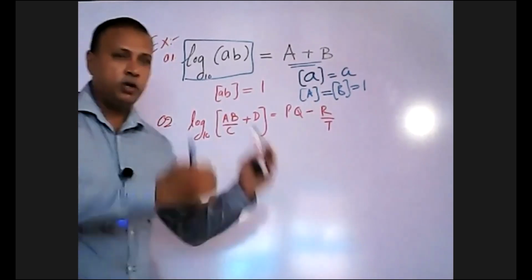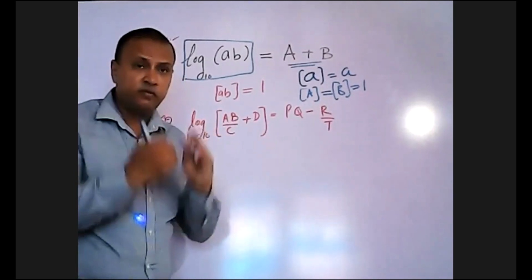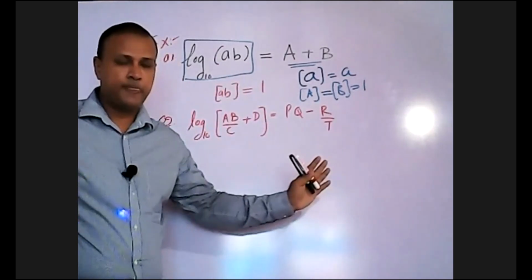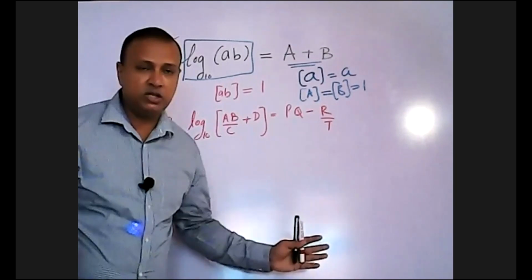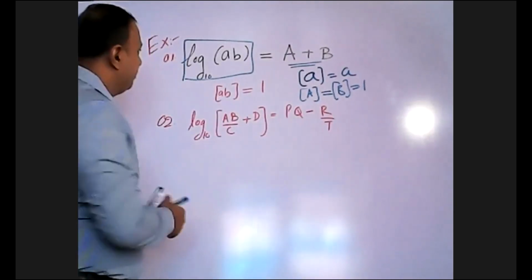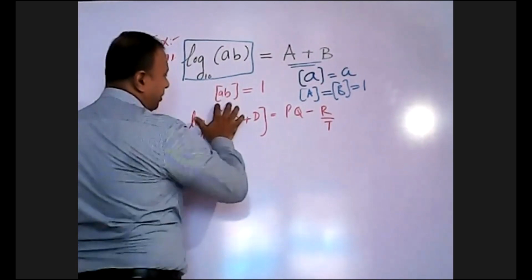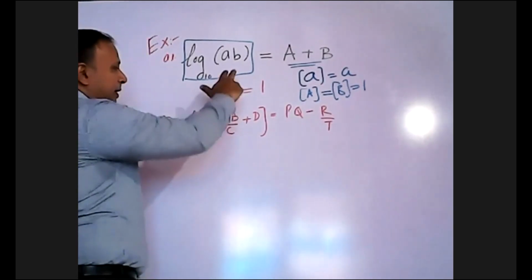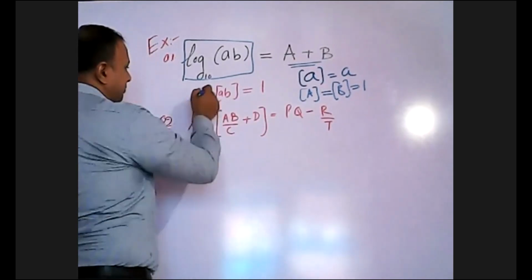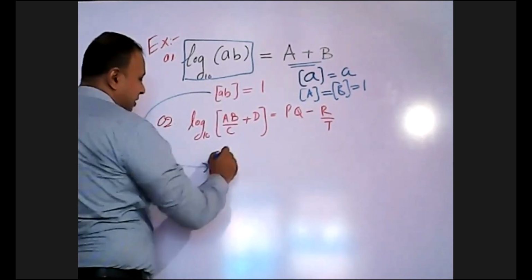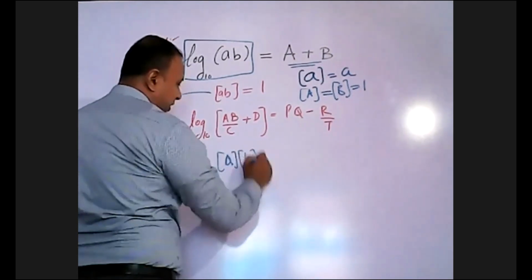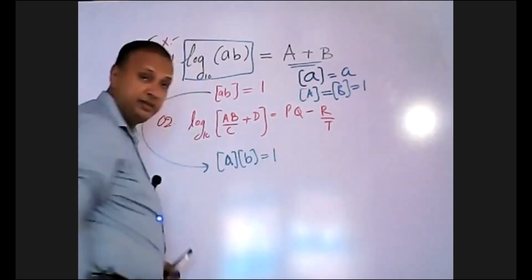So according to our fourth factor, this expression should not have a dimension, Puta. If it doesn't have a dimension, definitely I can say the dimension of A multiplied by the dimension of B is equal to 1.